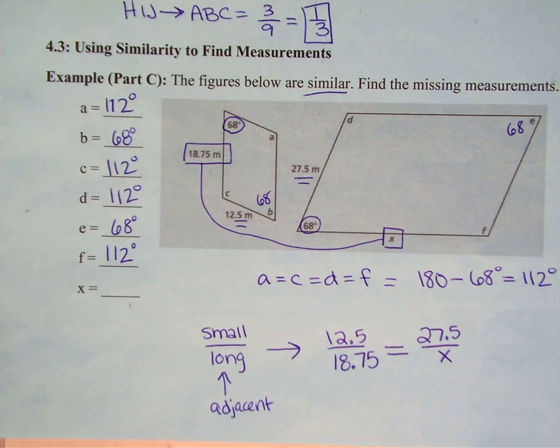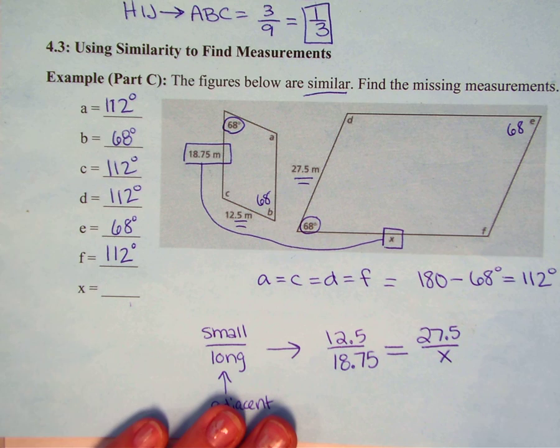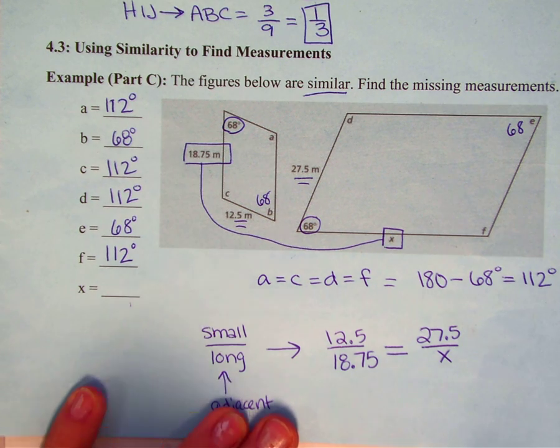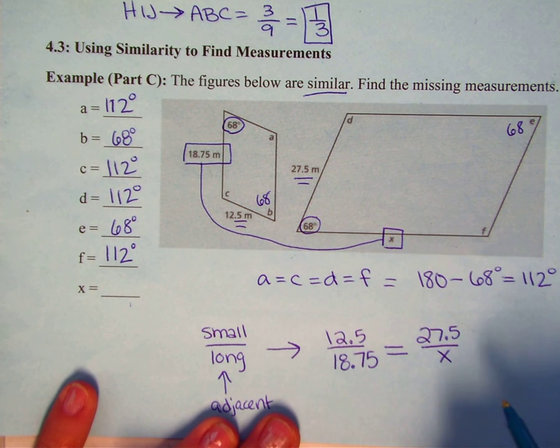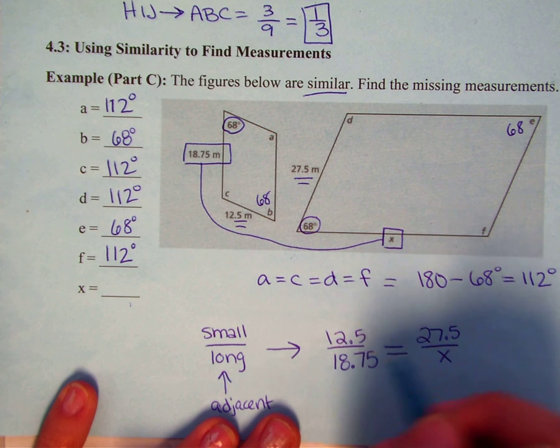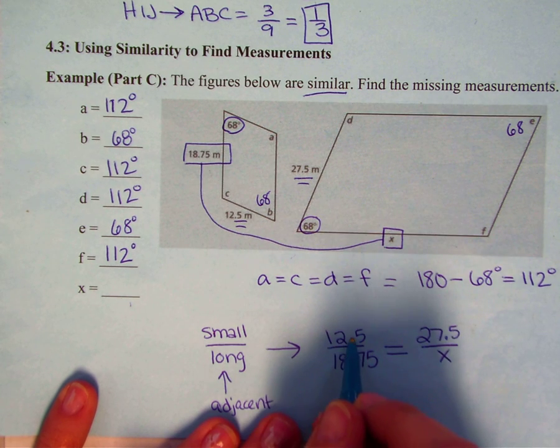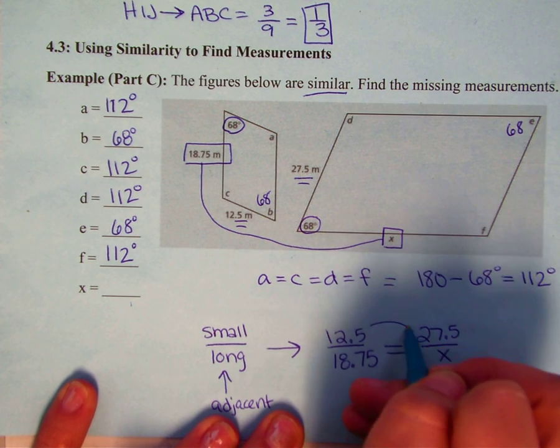Now we can solve this proportion a couple different ways. What we can do is find the scale factor between these. How do we go from 12.5 to 27.5?